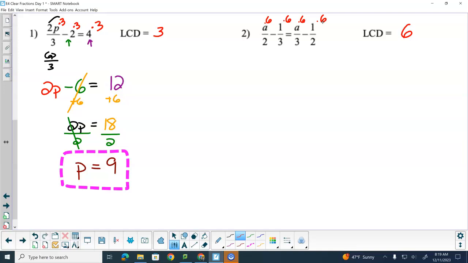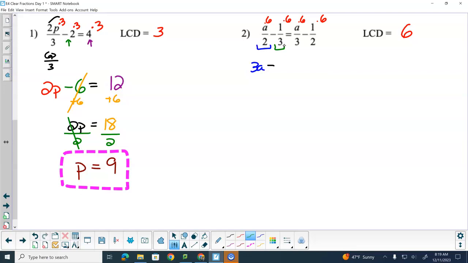Then I have to go through and do those individually. Looking here, 6 times A is 6A divided by 2, 3A. Minus sign's going to come along for the ride. 6 times 1, 6 divided by 3, 2. 2A or just 2?